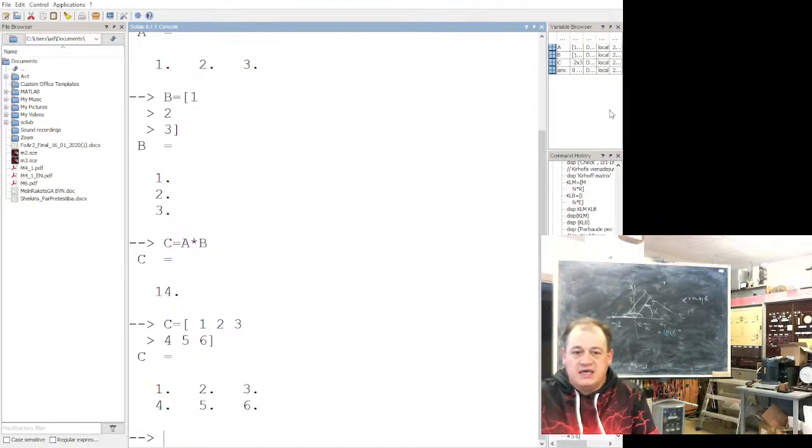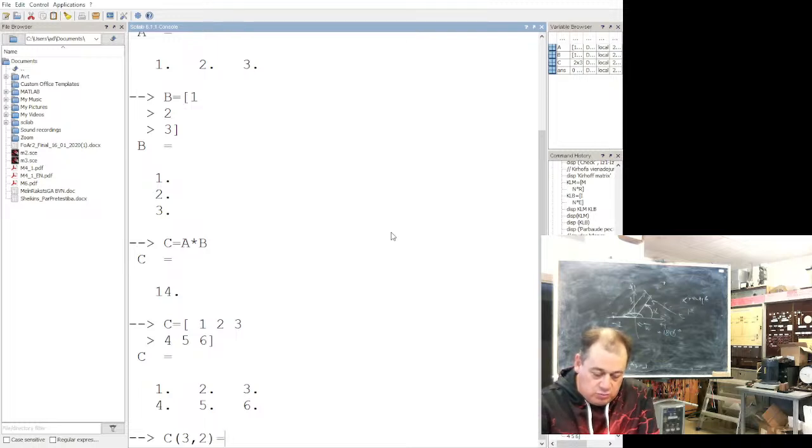And here in the variable browser you can open any variable. For SciLab, any variable is an array, a matrix. I can also do things like this. C, for example, 3,2 equals 7.